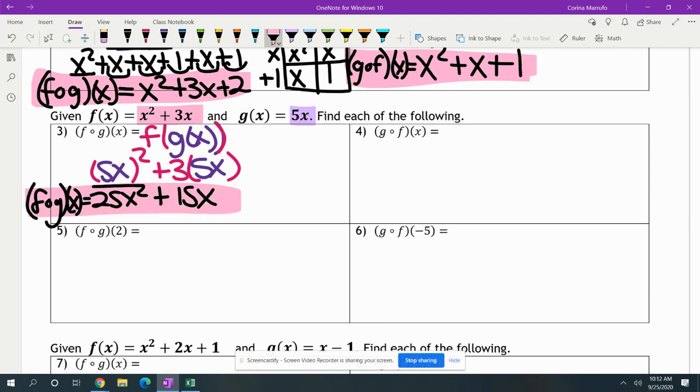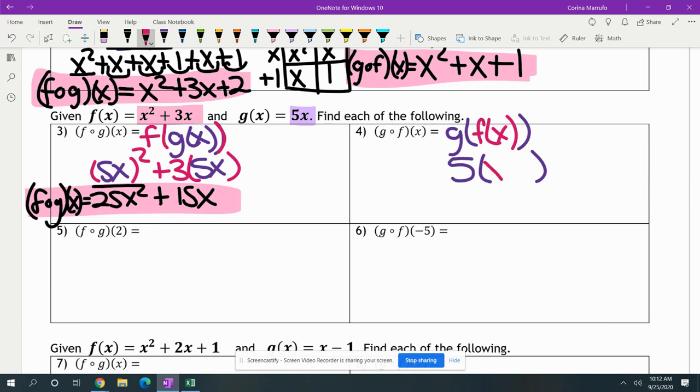So that one wasn't too bad. All right, the next one. So here we have g composite f of x. What that means is they want you to take the g function, and inside your g function, you plug in your f function. So my g function is 5 times x. So instead of x, remember you leave it blank. And in that blank, you plug in your f function.